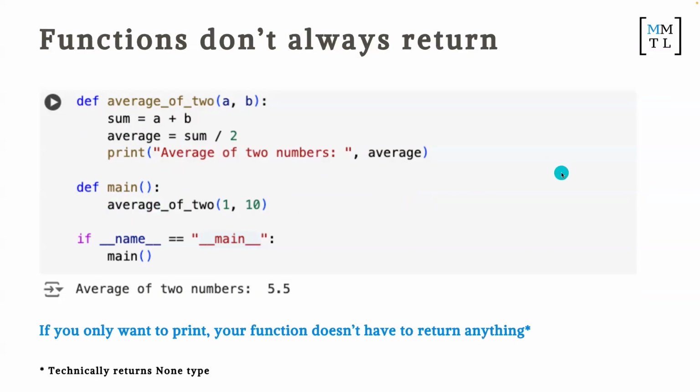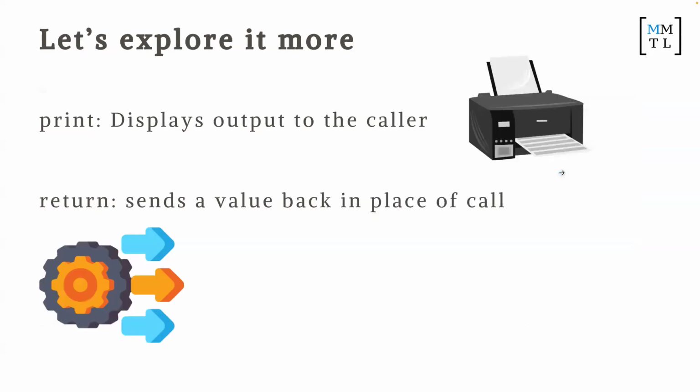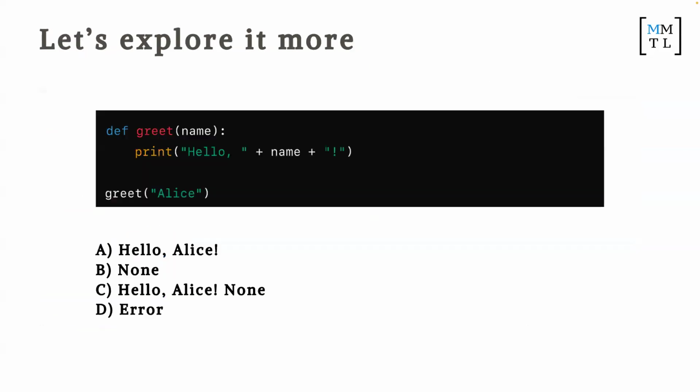So we're going to do a couple more examples now of the differences between print and return. So if we were to call this function, what will happen?